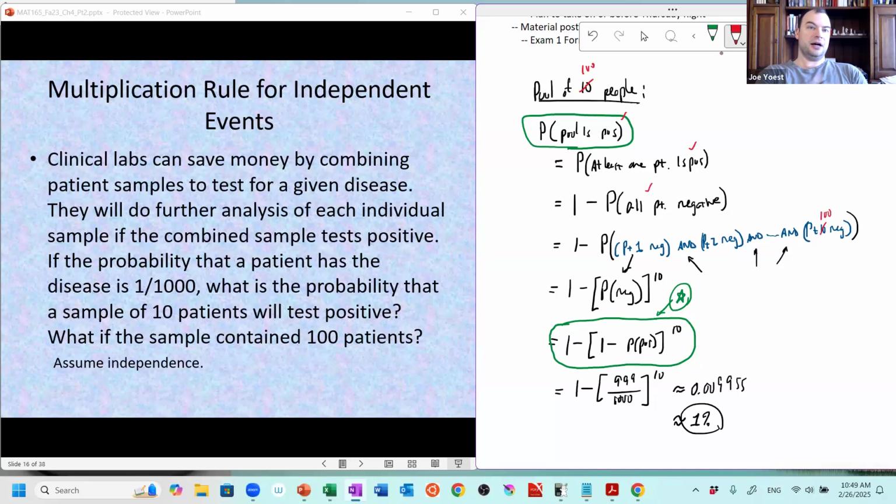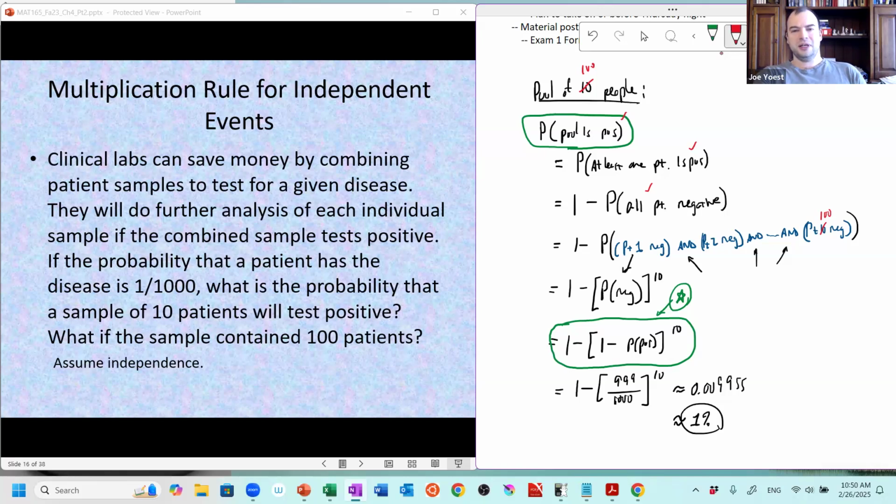Here I just have 100 people who all have to be negative for the whole pool to be negative. Again, we're making a huge assumption here that our machinery and the chemistry and all of that is sensitive enough, especially when we start diluting things by 2 orders of magnitude. That's probably pretty questionable at this point.